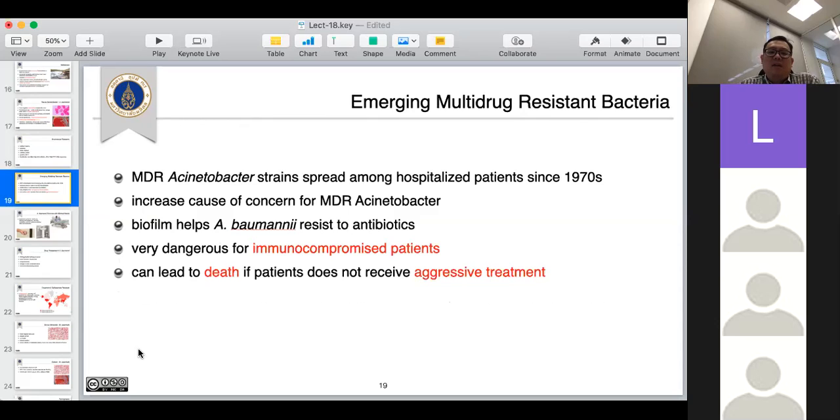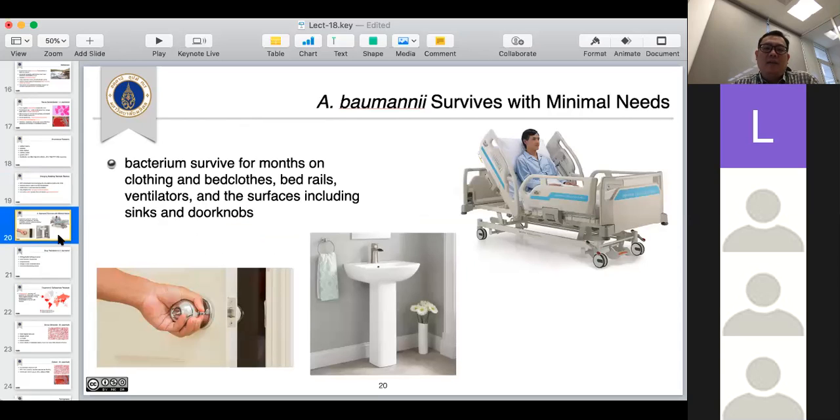Okay, so we need to be concerned about A. baumannii. They are dangerous for immunocompromised patients, particularly diabetes mellitus patients, patients in ICU, cancer patients, something like that. They can lead to death if the patient does not receive aggressive treatment, because those patients need to overuse antibiotics to protect themselves.